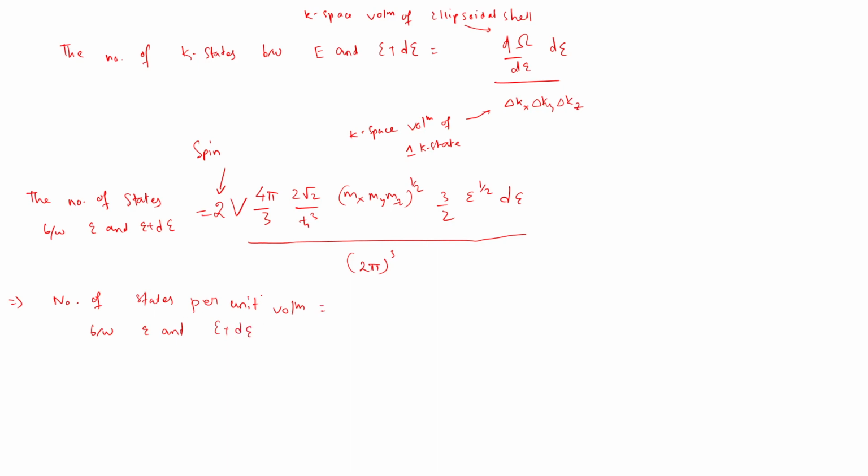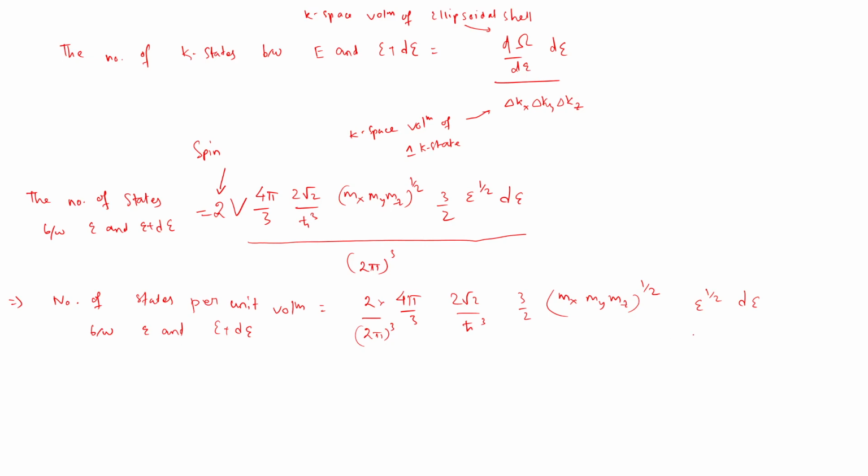Since it is per unit volume, we have to divide by this volume now. So it will be 2 times 4 pi by 3, 2 root 2 by h bar cube, and this is 3 by 2, mx my mz to the power 1 by 2, dE over 2 pi whole cube.